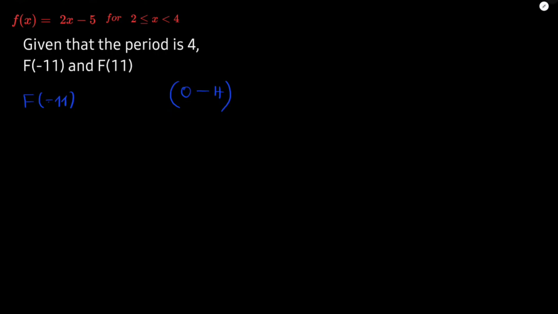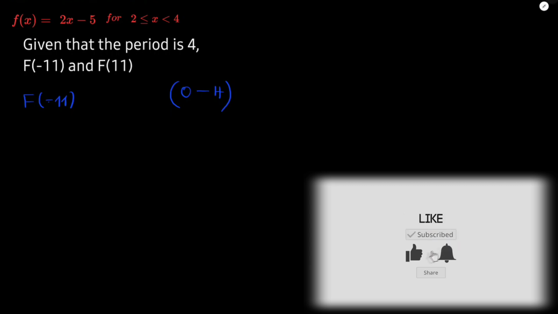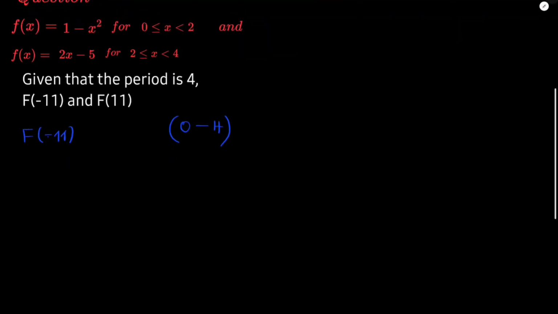The period is 4, that is why we are adding 4, and we have a negative number, that is why we are doing addition. If we had a positive number, then we would be subtracting 4. Because this is a periodic function, it repeats every 4 units.